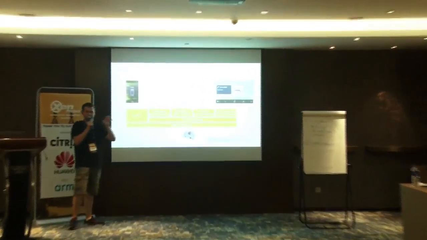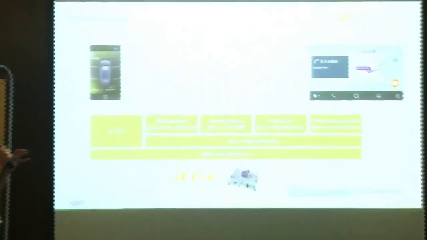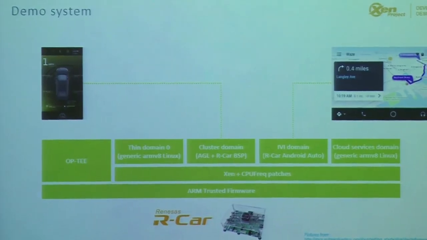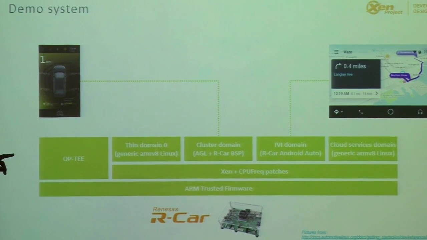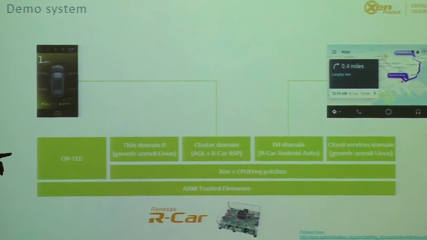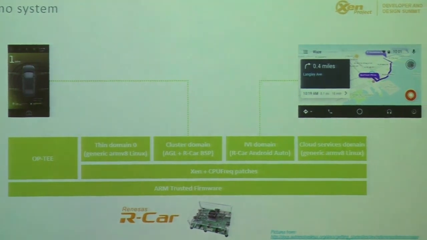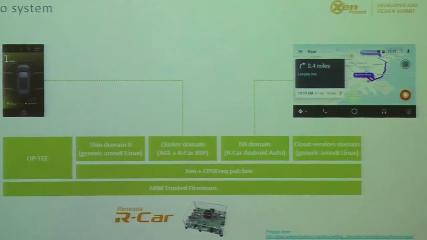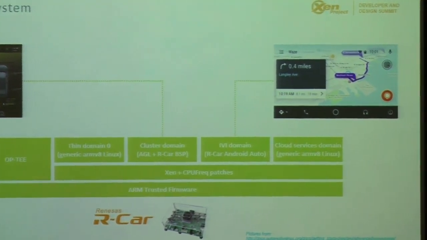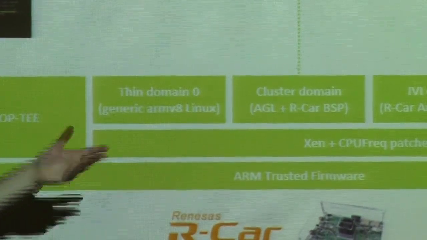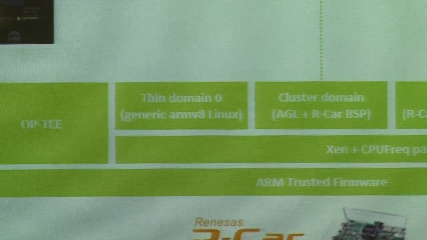The cluster domain is an automotive grade Linux based on Renesas BSP. The IVI domain is Android Auto. And a cloud services domain is a generic ARM VM Linux. And all this is on top of them with the CPUFreq patches I did in the context of this POC.